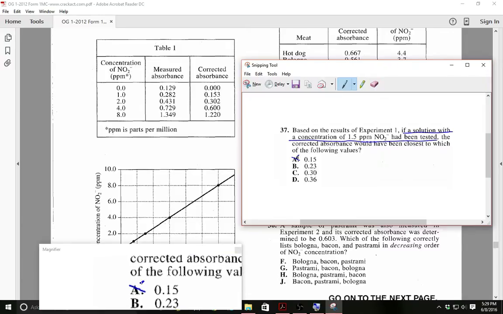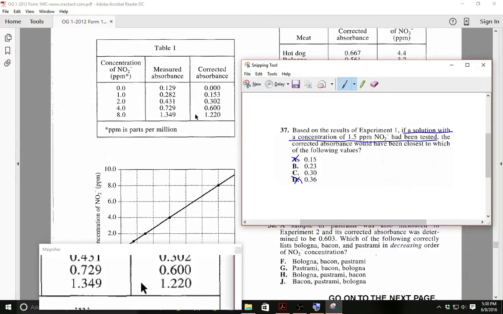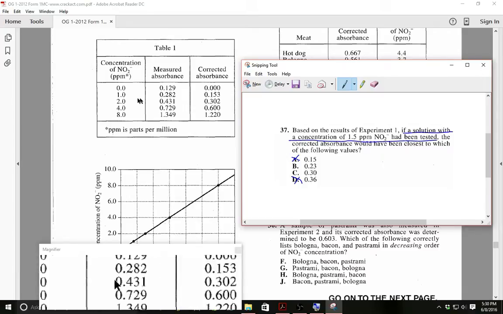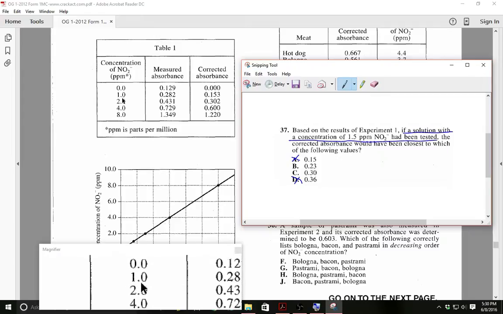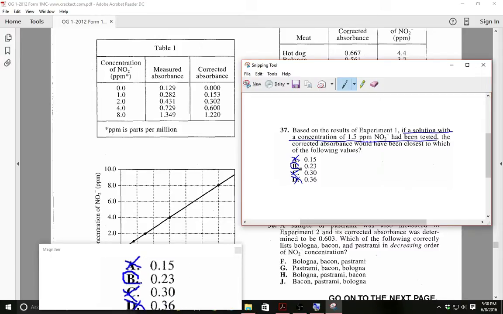It can't be 0.15. It can't be 0.36 because that's over 0.302. It technically can be 0.30 because it's less than 0.302, but it's at 1.5, between 1 and 2, so it's not likely to be 0.30. It's more likely to be 0.23. So B is our correct answer for that one.